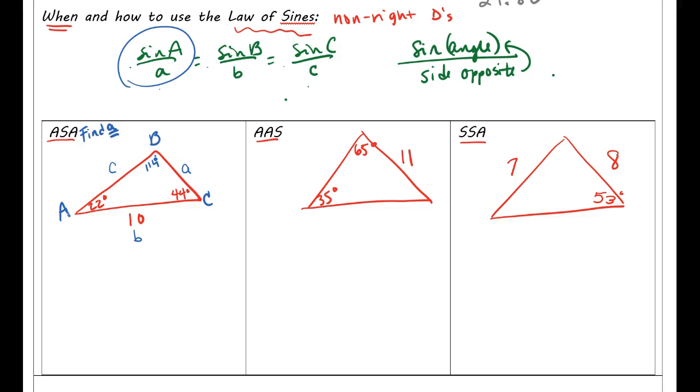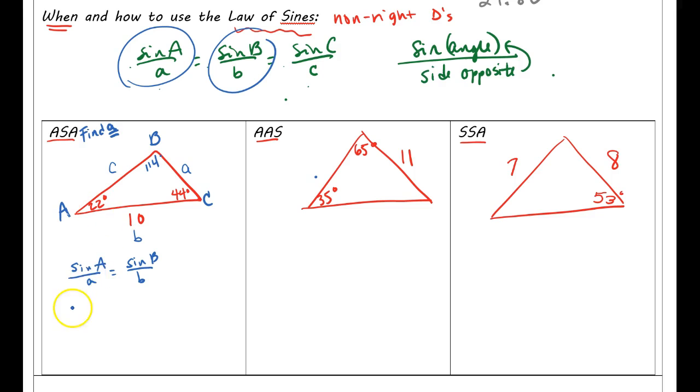So I can totally label that one myself. Now I've got both parts of B, so I'm going to use B. I'm just going to recopy this formula: sine A over a equals sine B over b, and now I'm going to plug stuff in.